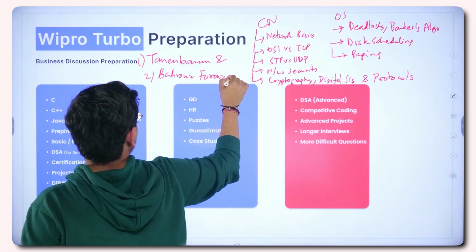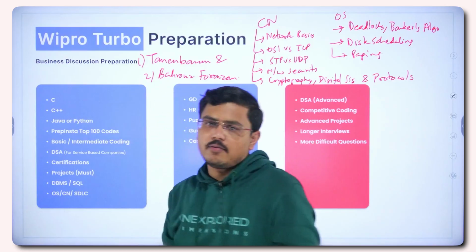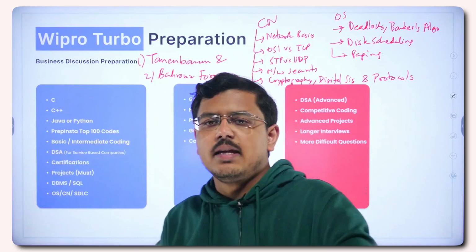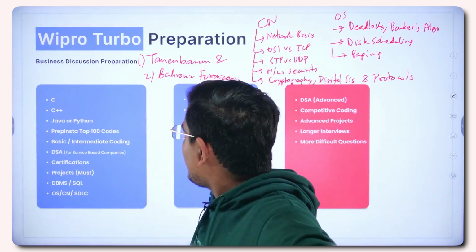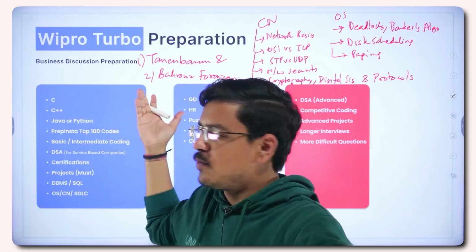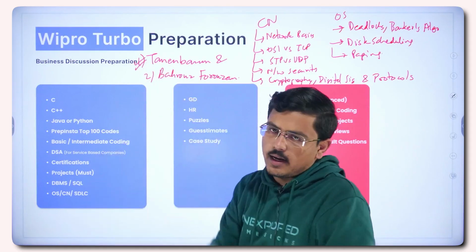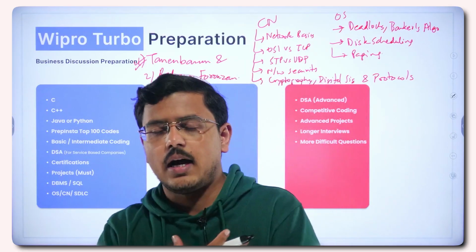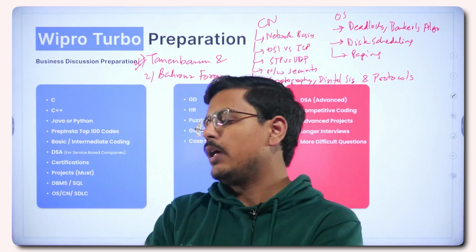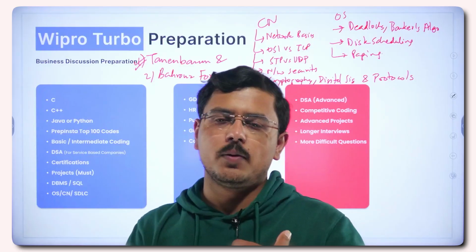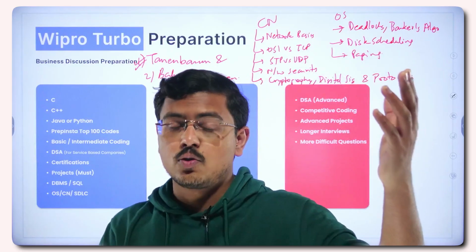Both are the names of the authors. I have given these names in many videos, that these two books can be helpful for CN. First author is Tannenbaum, and I have personally read that book, and it is a wonderful book. It was told to me by my teacher. All credits go to him.